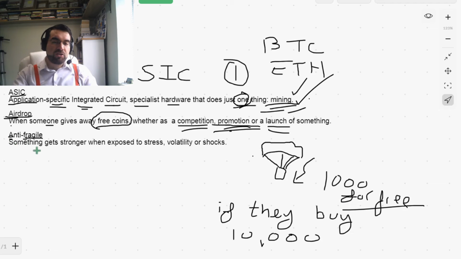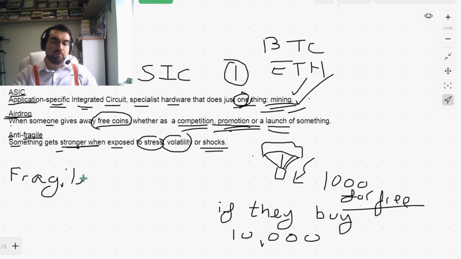But anti-fragile, however, anti-fragile is interesting. Something gets stronger when exposed to stress, volatility, or shocks. So we don't want to be fragile in life, where we snap, we crack at the first instance of stress or pressure.